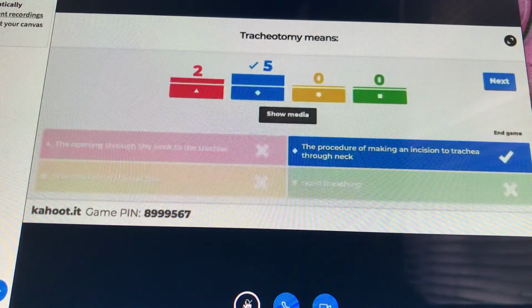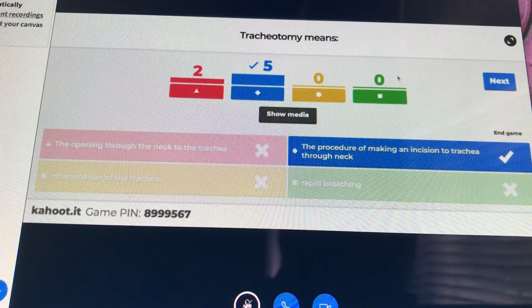So that's the actual surgical procedure for making an incision through the neck, whereas tracheostomy would describe the opening through the neck to the trachea. Because remember, those patients have a stoma. The stoma is the hole itself. So a tracheostomy is describing the opening as well.